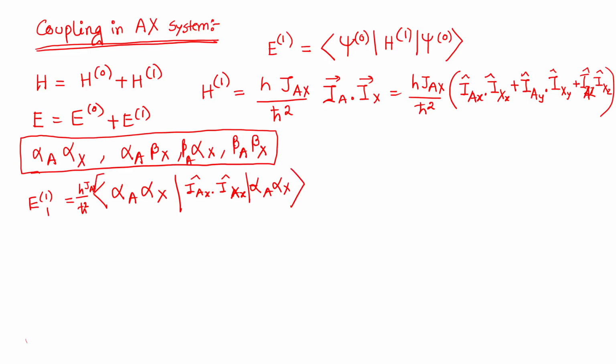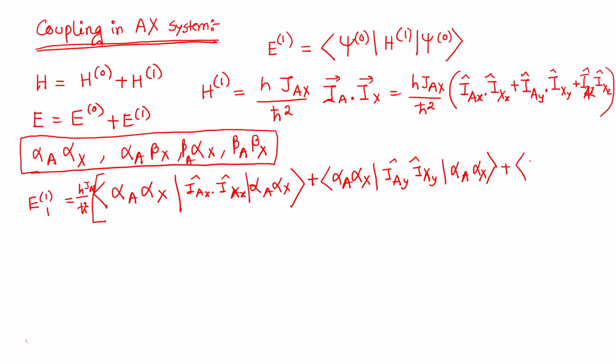Maybe I can take a bracket here: alpha A, alpha X, then I_AY, I_XY operating on alpha A, alpha X, right?